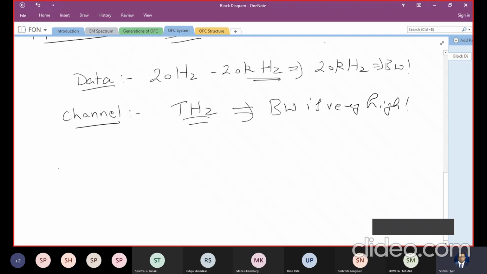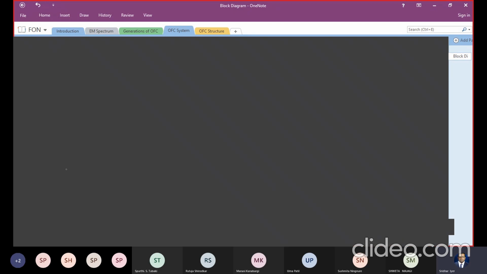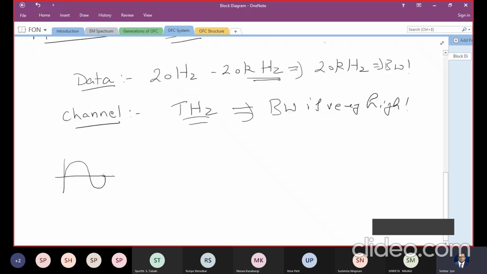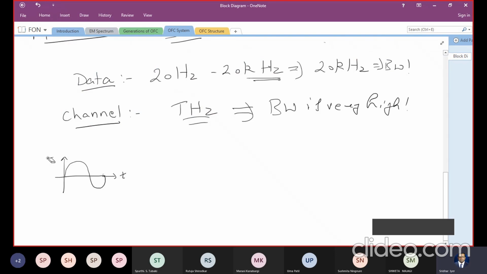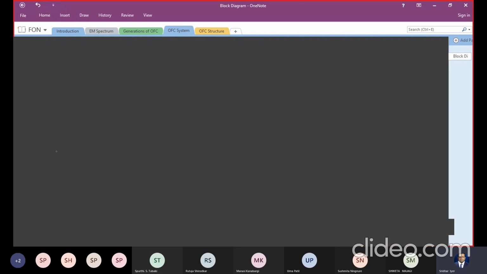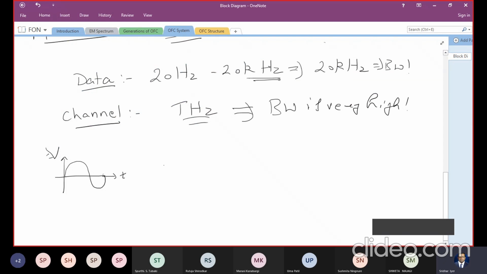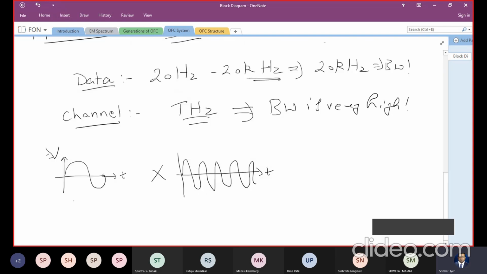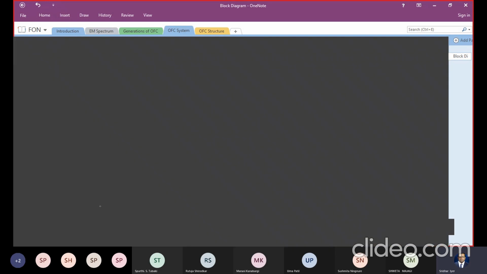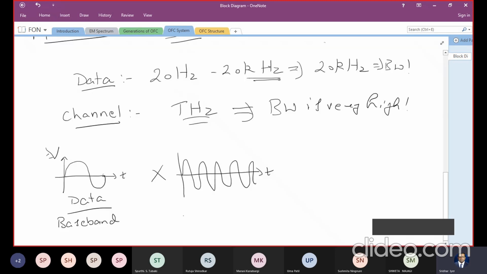So we use a modulator, or the technique of modulation, in which we take the low frequency data signal. So this is your low frequency data signal. A here stands for amplitude. If you don't like A, we can also put voltage. You superimpose this with a very high frequency signal. This is the data, also known as the baseband signal because it is the lowest frequency.